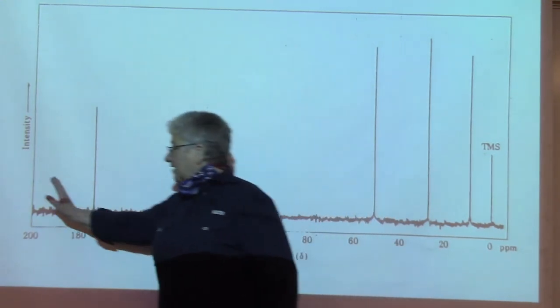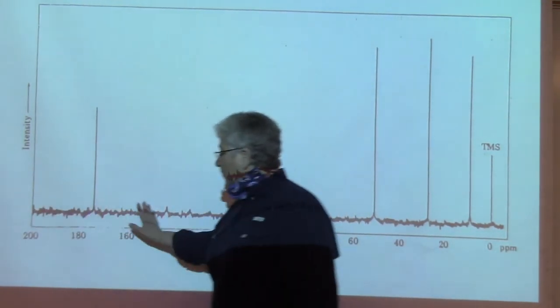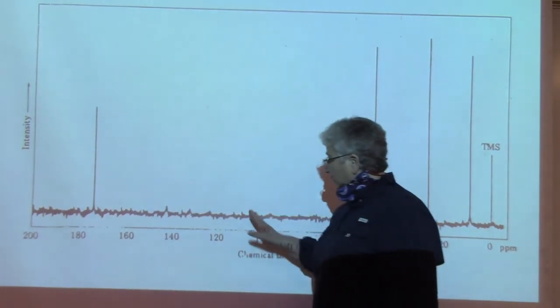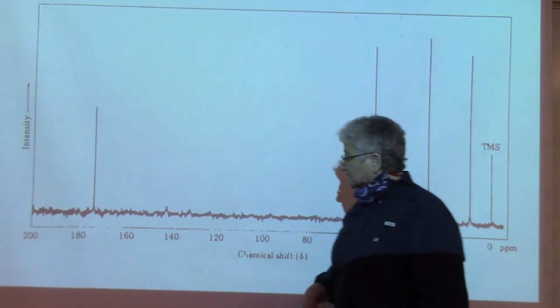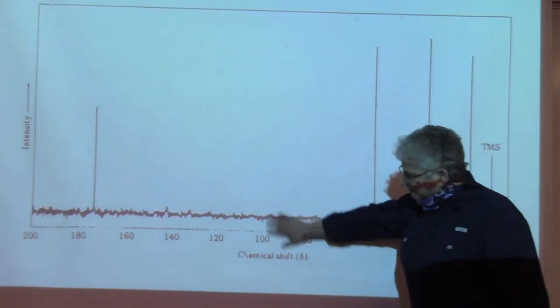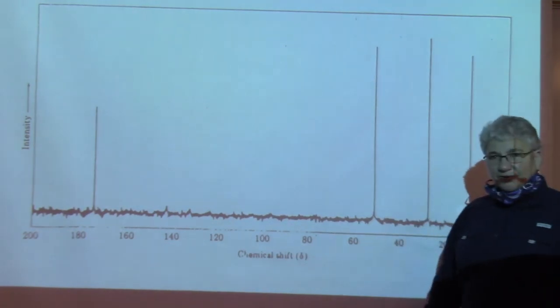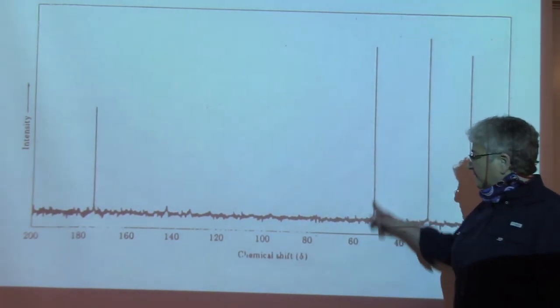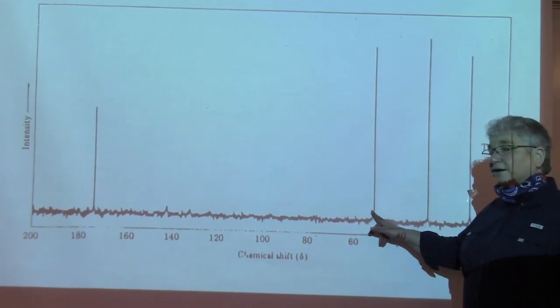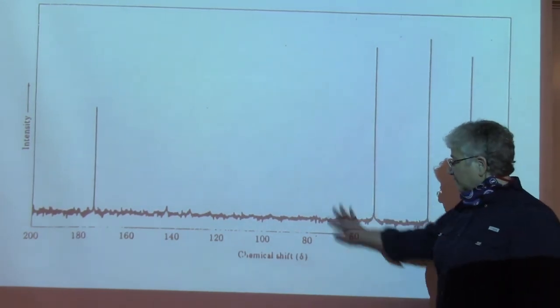So our aldehyde and ketone carbons are down here, our carbonyl carbons are here, our double bond and aromatic carbons about 110 to 160, 170, somewhere in there. Around 80 to 100, you might find your triple bond carbons. And then this I would probably identify as a carbon singly bound to an oxygen. So we have our carbon oxygens here.